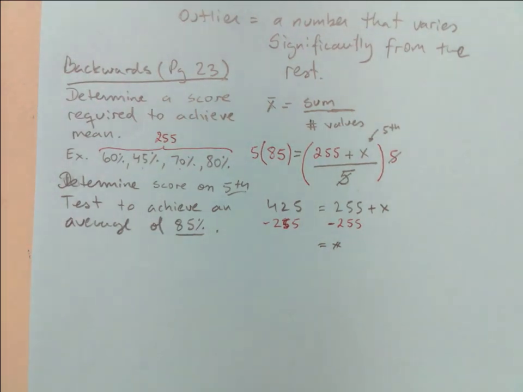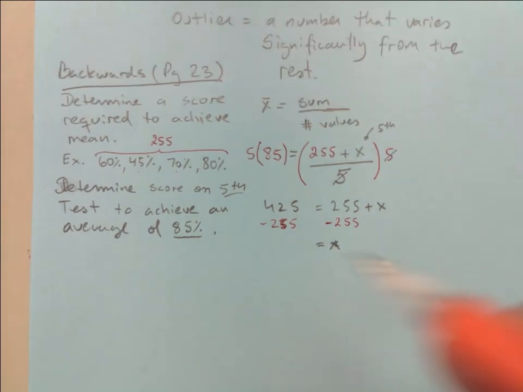Something went wrong. Hold on. Oh, I mean, it could be. It's just impossible for you so far to achieve this. It is 5 times 85. Yeah, it's actually 170.